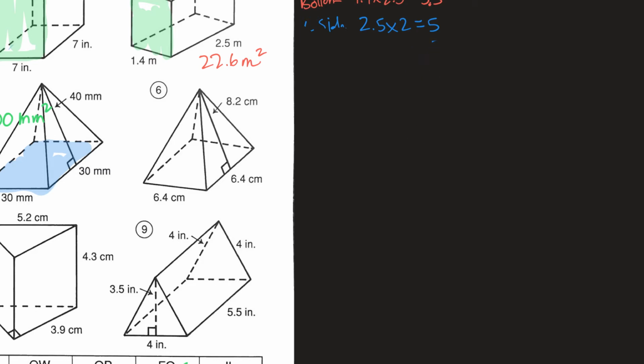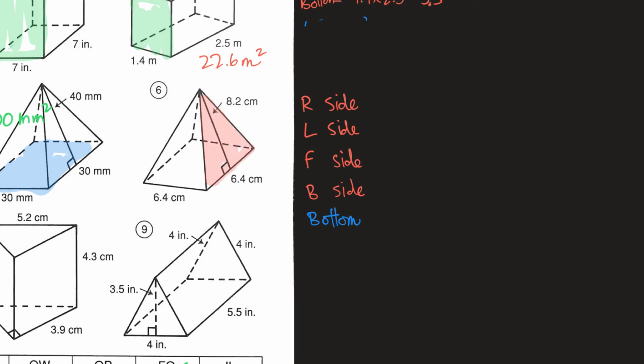And let's go with the right side. I'm going to get a little bit smarter. And then left side, and front side, and back side, and then the bottom, blue. So the right side is this shape here, which is a triangle.